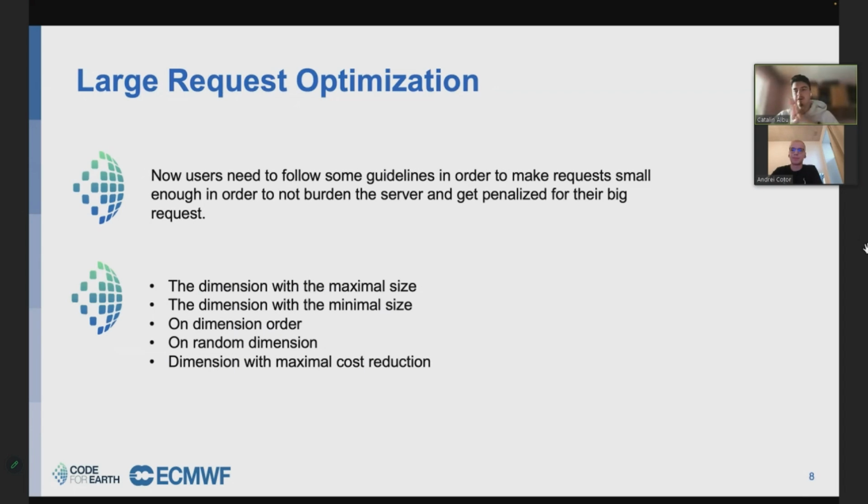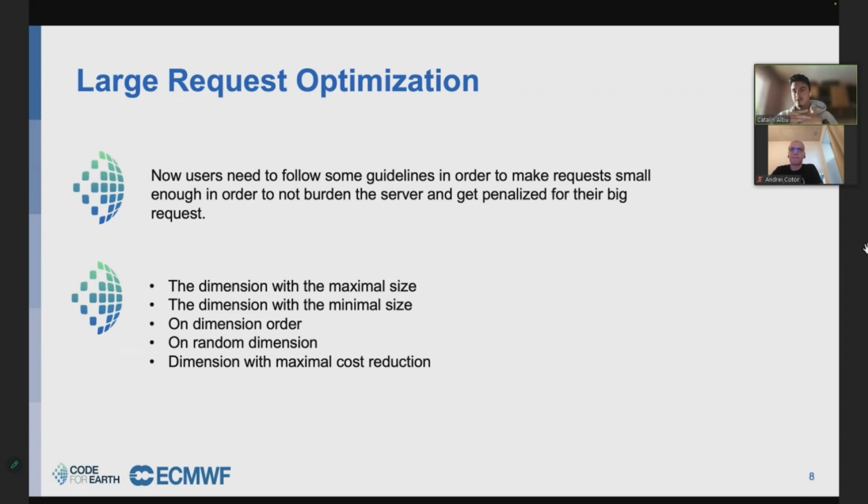As previously mentioned, the user needs to follow some guidelines in order to make the request small enough to not burden the server and get penalized for the big request. To fix the problem of large requests, we need to split the initial request into smaller sub-requests.